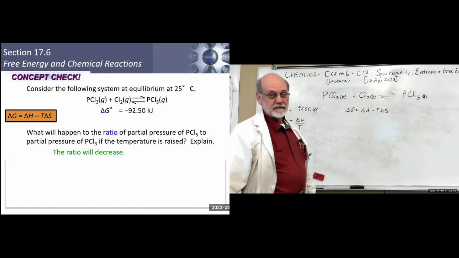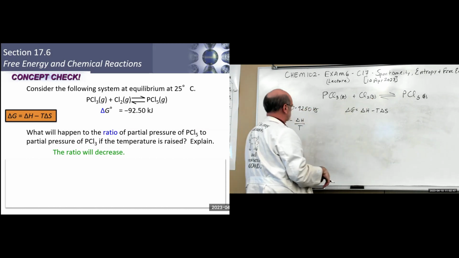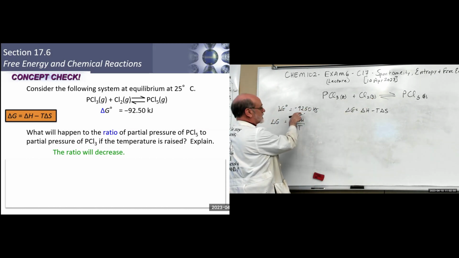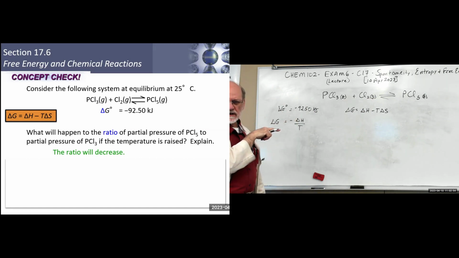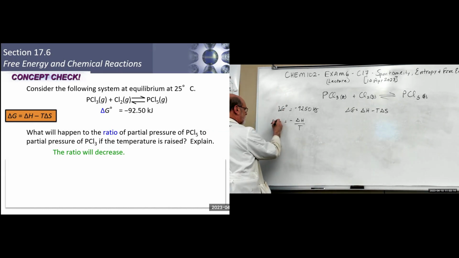We have to assume that this is spontaneous in that direction, and we know that delta G is negative here. I want to be sure I got my formula correct. No, that's not right. That's delta S surroundings, excuse me.